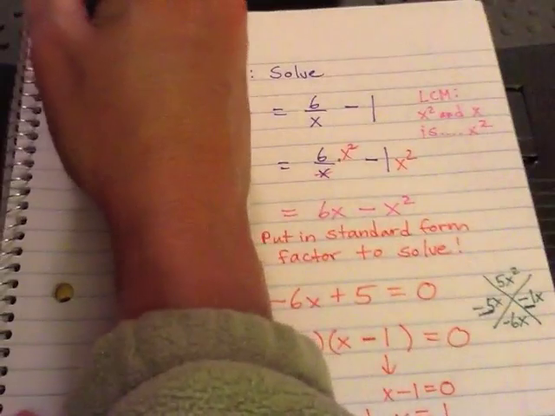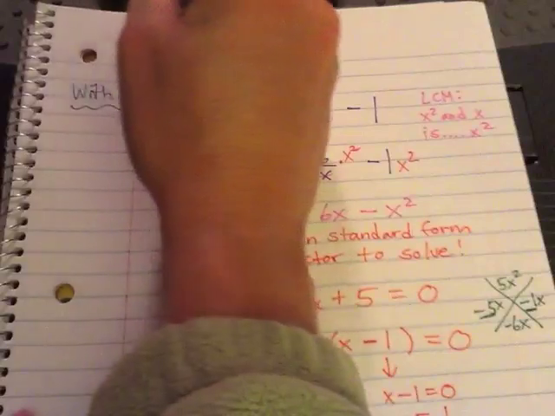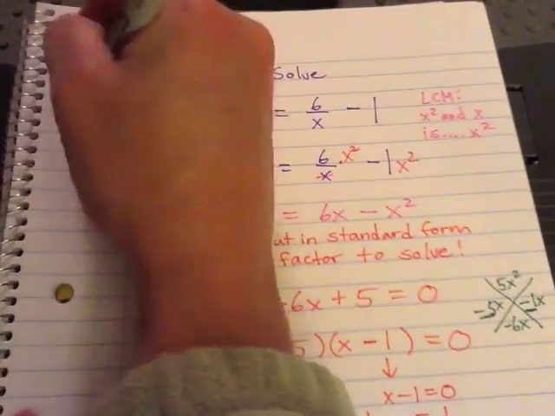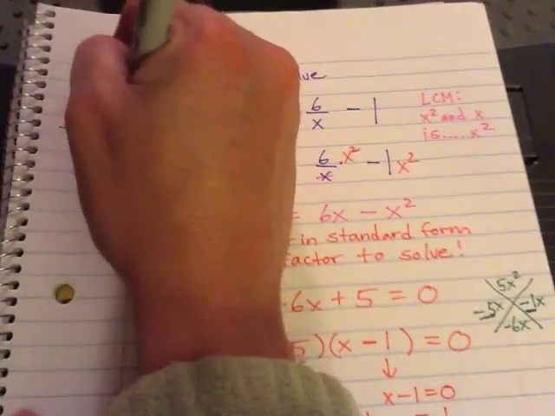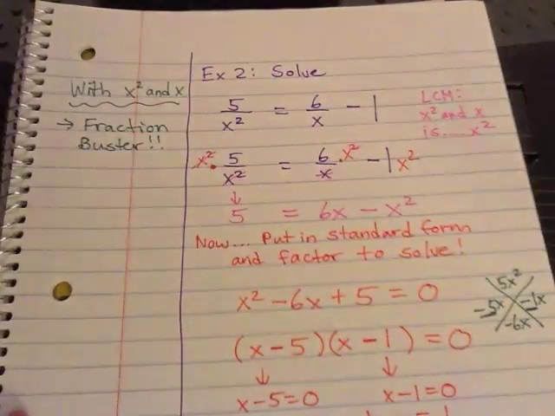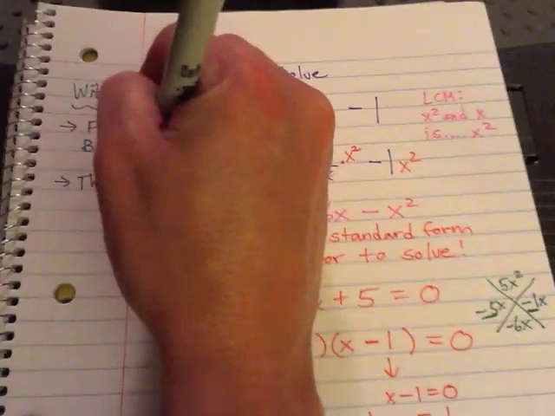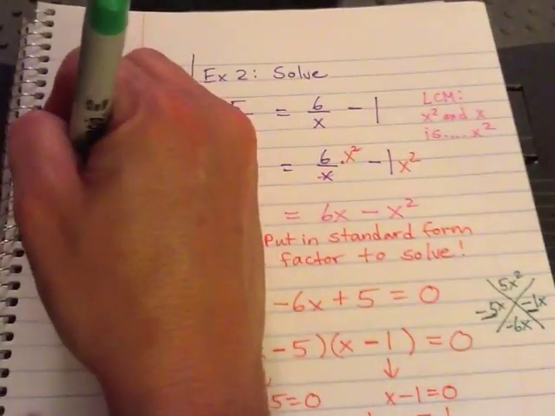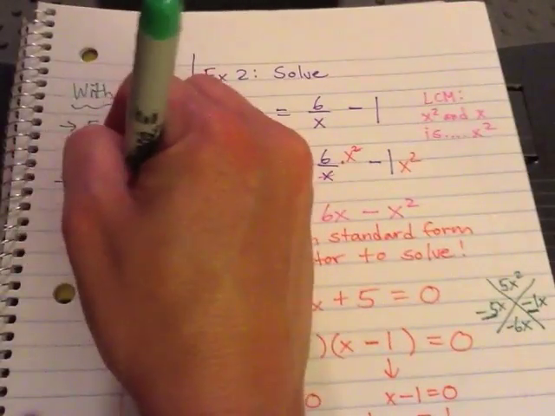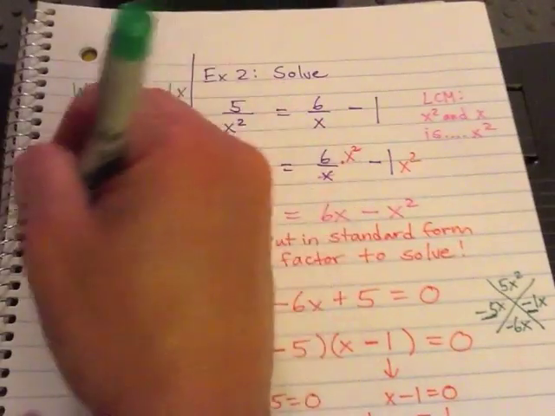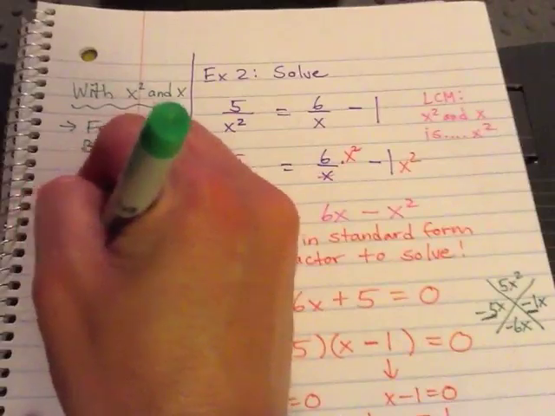So, when you have x squared and x, you're most likely going to end up with a trinomial. You're still going to use a fraction buster. But then you're going to move terms to get standard form, so it should be set equal to 0.